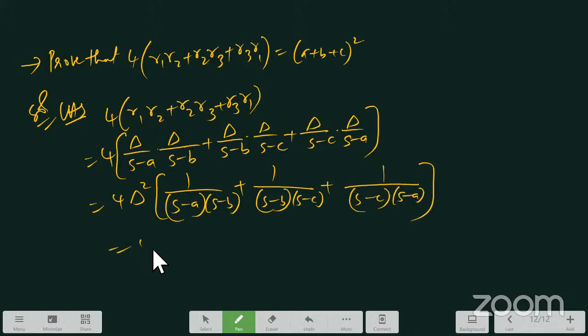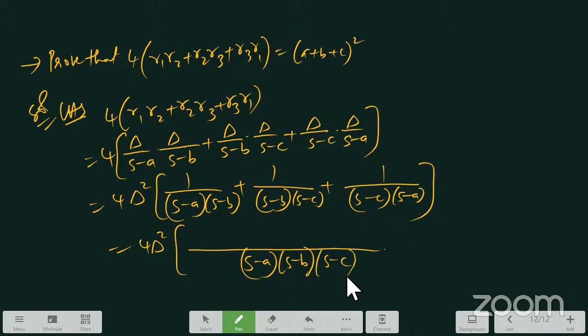Now, here I am going to take LCM as S minus A into S minus B into S minus C. 4 delta square, I am going to take it as S minus A into S minus B into S minus C. Now S minus B gets cancelled. S minus B, S minus C gets cancelled. S minus A. S minus C, S minus B gets cancelled.